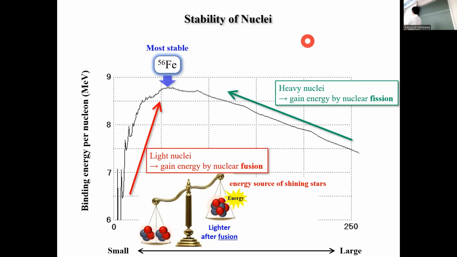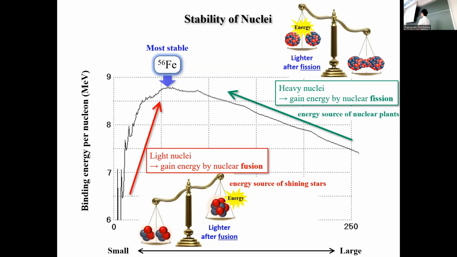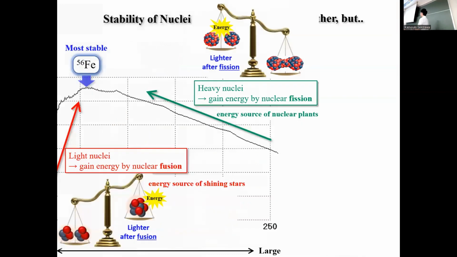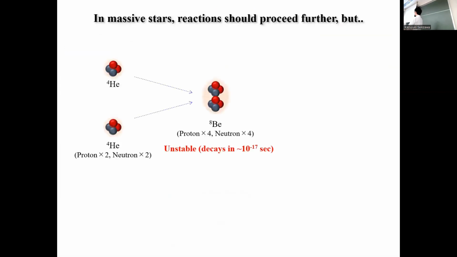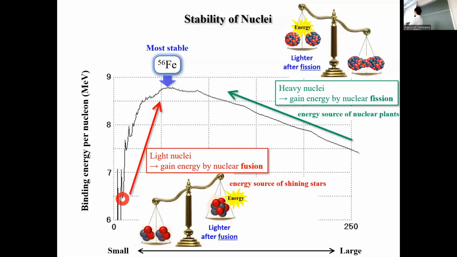On the other side, heavy nuclei can gain energy through nuclear fission. After the fission, it gains binding energy, the mass is reduced and energy is emitted. So inside the star, the fusion reaction happens until iron-56.